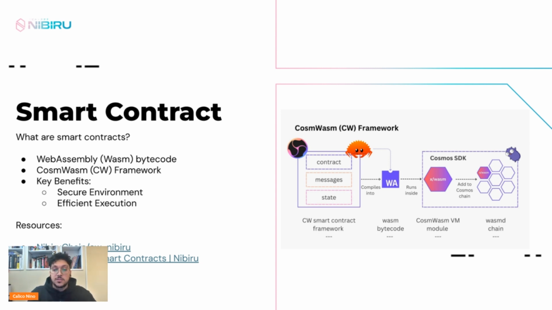And given that CosmWasm runs in a sandbox environment, it ensures that there's no harm to the host system or access of unintended data. And obviously the use of Rust, which is a memory safe language, further enhances the security. In terms of efficient execution, the performance on CosmWasm is almost near native, because it leverages WebAssembly, which results in much faster transaction processing.